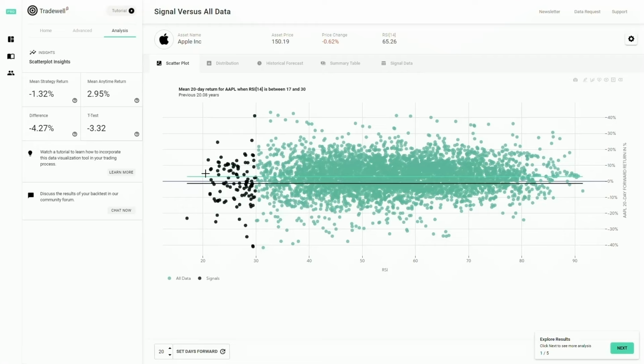When we compare the 20-day average return of the strategy to the 20-day average return of all of the data in our look-back period, buying Apple on the dip does not outperform random Apple returns. In fact, you would have lost 1.32% if you bought Apple with an RSI between 17 and 30, compared to Apple's anytime return of just under 3%.